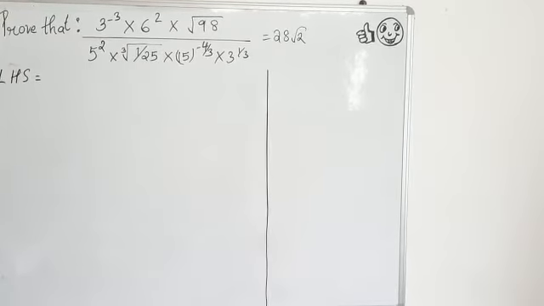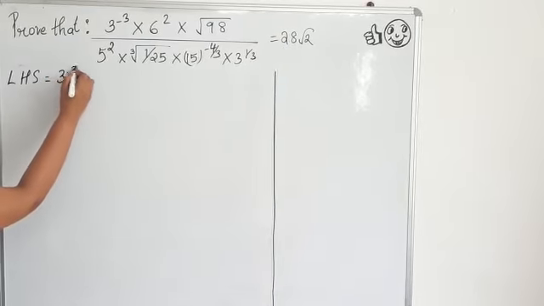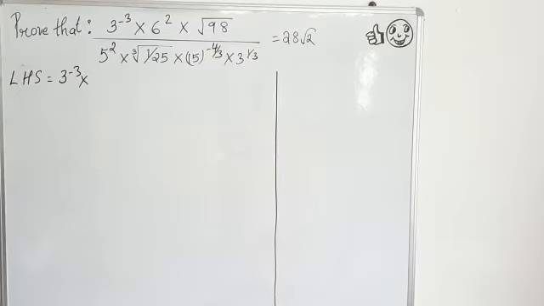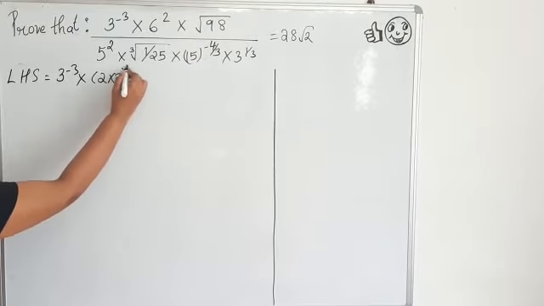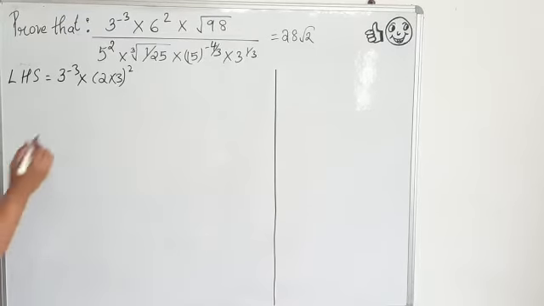3 power minus 3, we will write 3 power minus 3 as it is, into 6 square. 6 can be written as 2 into 3. Using the law of exponent, we will solve this problem.